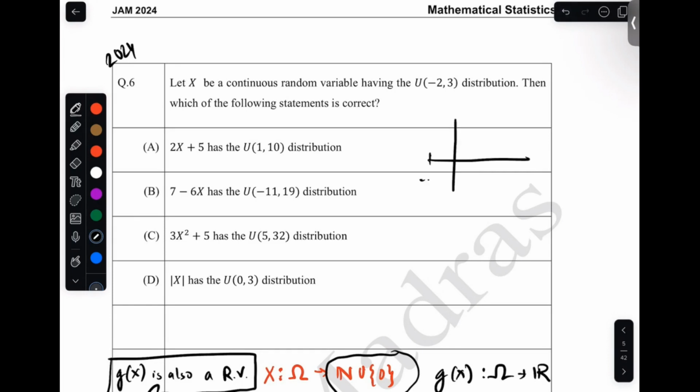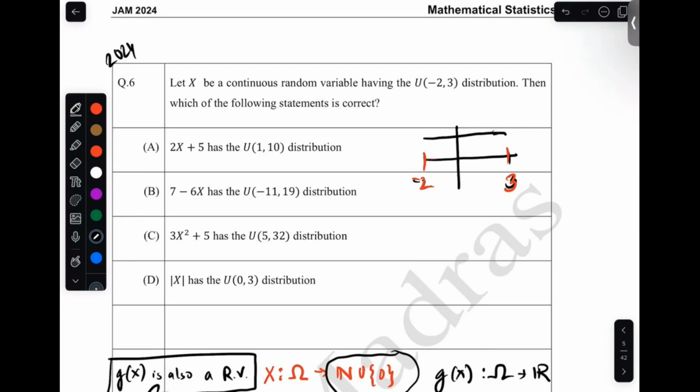Let's see. So by uniform minus 2 comma 3 distribution, you have, let's say, minus 2 here and 3 here. And if you remember the PDF of uniform, it looks like this.